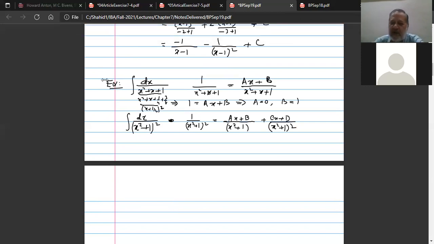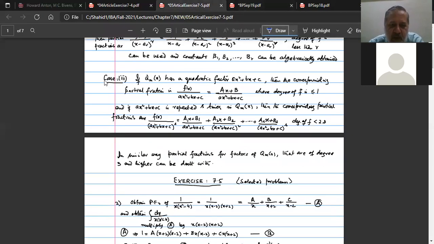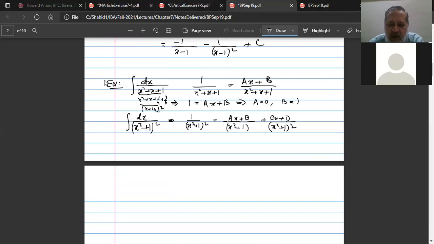Now this is what is suggested in case 3 in the article, that if you have a repeated quadratic factor, you have to keep on writing down terms like this, with power 1, with power 2, with power 3, and so on if required.